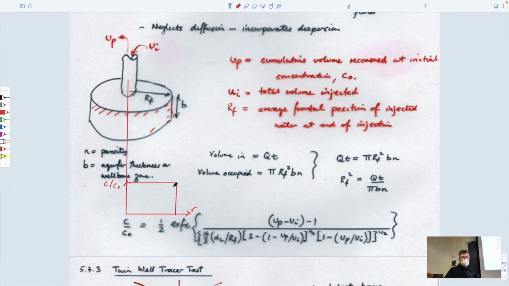And then you recover it back to the borehole, and you look at the change in tracer as a function of time. So the diagram I just drew on the right is in space. The diagram I'm going to draw on the left is with respect to time. So what would this look like? It would go in like this.